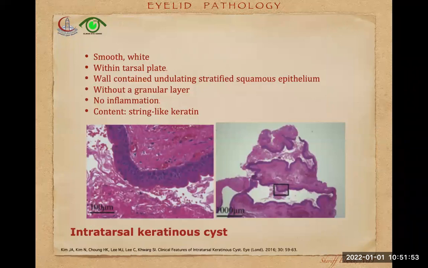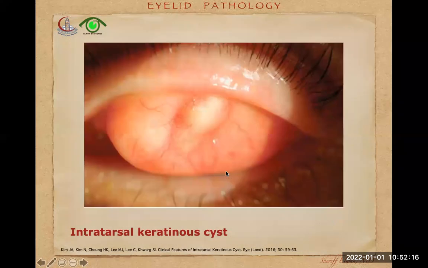Now we come to intratarsal keratinous cysts, and this is a variety of tarsal cysts. They are usually smooth, white, stratified squamous epithelium cysts without a granular layer, with no inflammation, and you find string-like keratin inside.